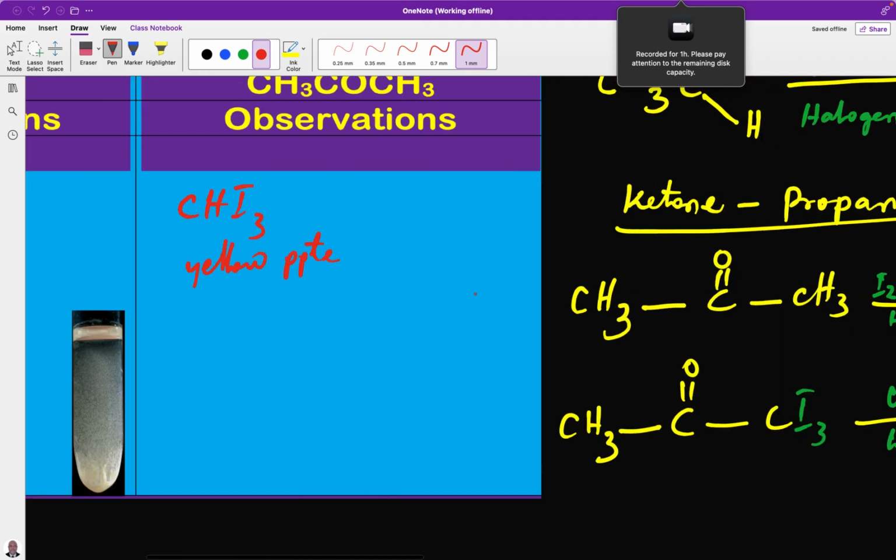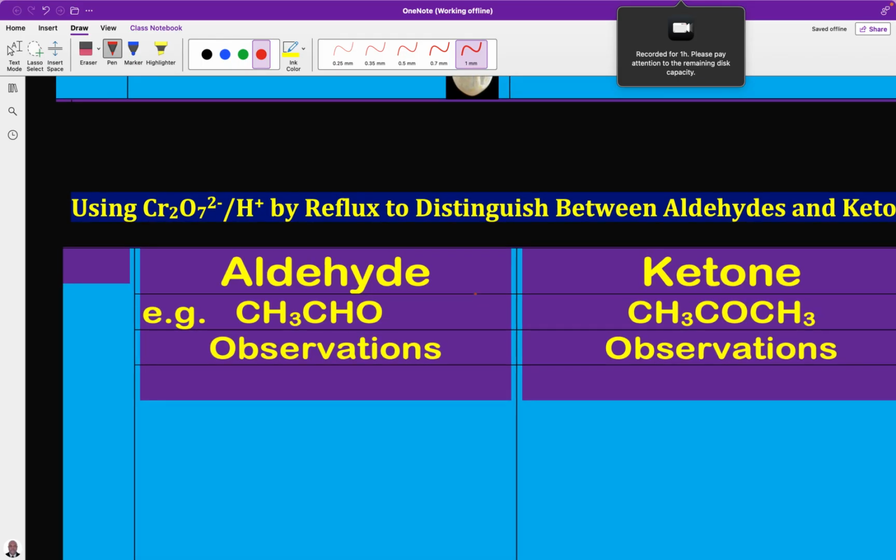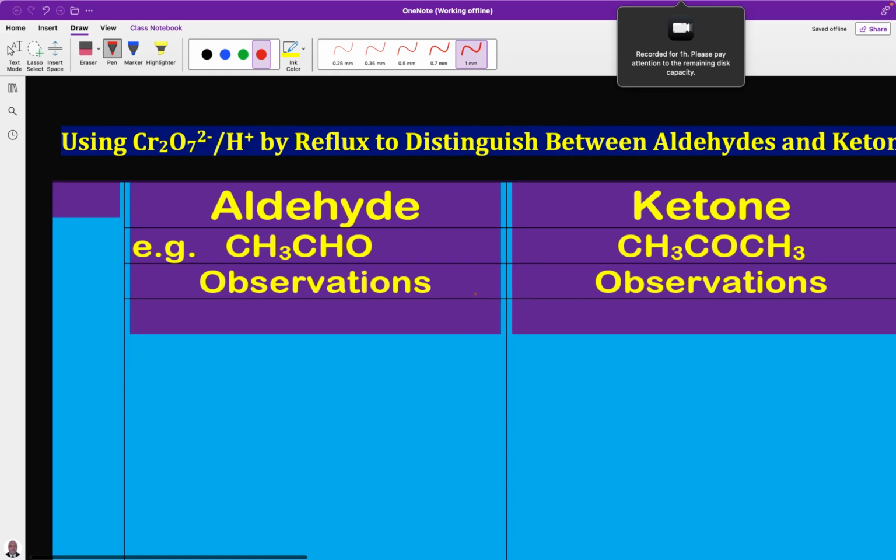Now, the last test is the one using acidified potassium dichromate(VI).